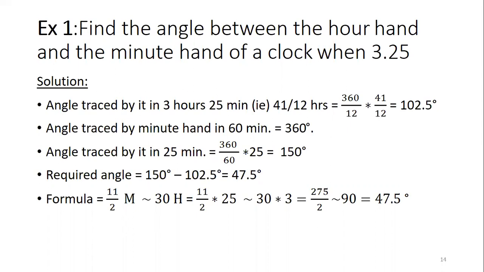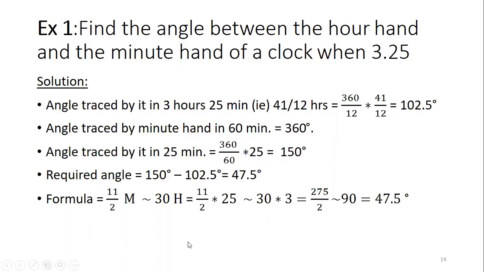Starting from 12 o'clock, that is the zero position, the angle traced by the hour hand in 3 hours 25 minutes is 102.5 degrees, and the angle traced by the minute hand in 25 minutes is 150 degrees. Now the difference is 47.5 degrees.